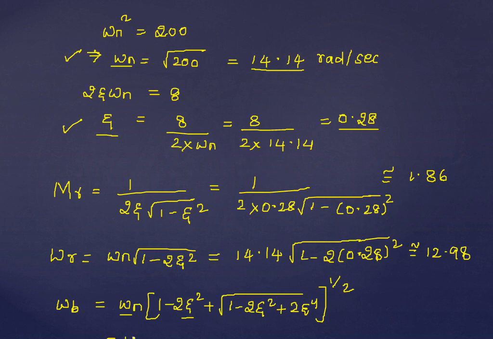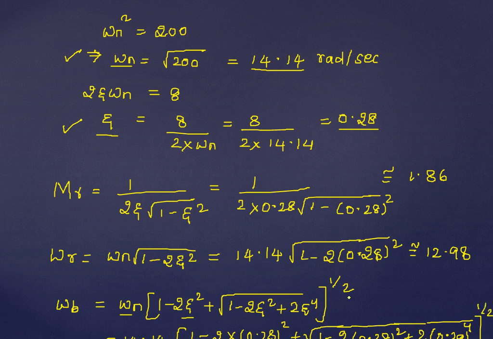Omega n is 14.14, 1 minus 2 into 0.28 whole square plus square root of 1 minus 2 into 0.28 whole square plus 2 into 0.28 whole power 4, whole power 1 by 2.